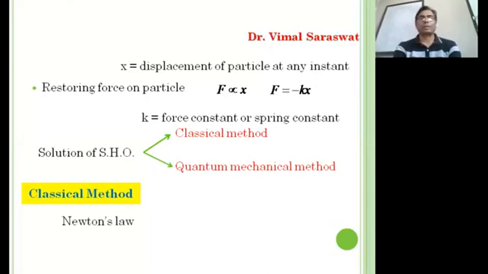According to Newton's law, the force acting on a particle of mass m is given by F equals ma. Here a is equal to d2x upon dt2 and it is the acceleration acting on the particle. If we substitute the value of a, then F is equal to m d2x upon dt2.